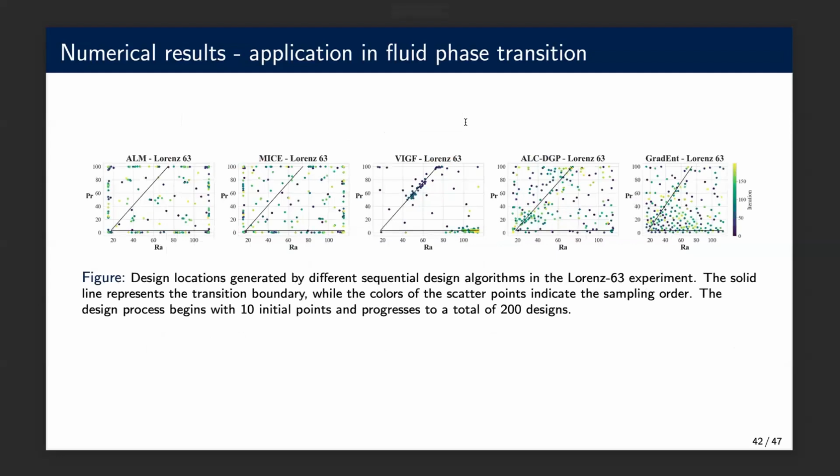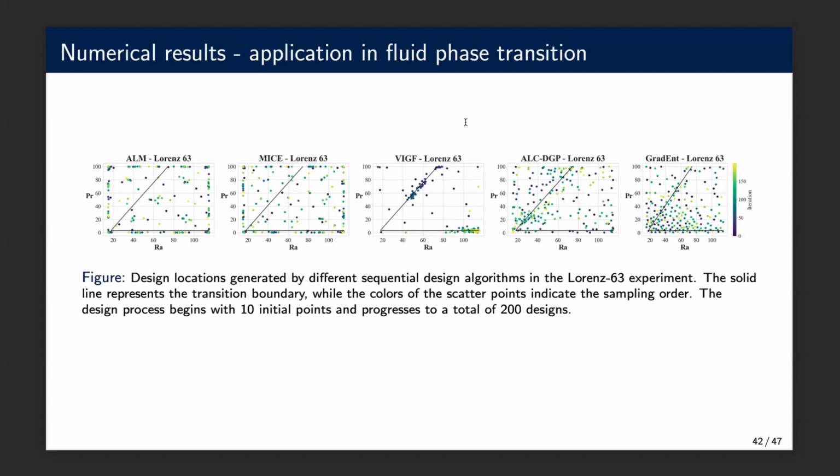And again, that's some realization of the design locations generated by different sequential design algorithms. As before, the ALM GP-based method allocates many more samples along the boundary, and VIGF gets stuck in certain locations and stops exploring the whole region.